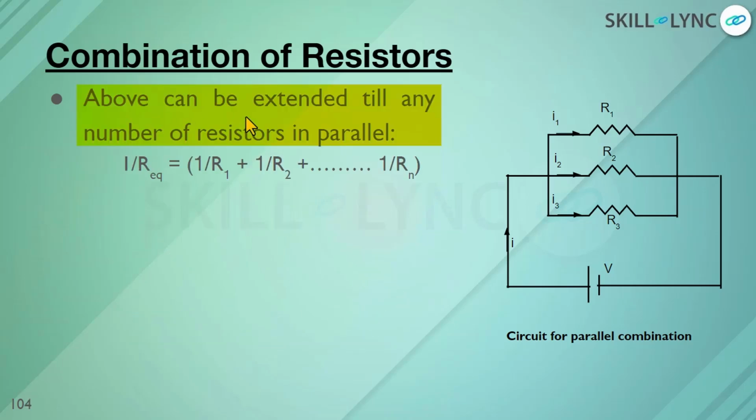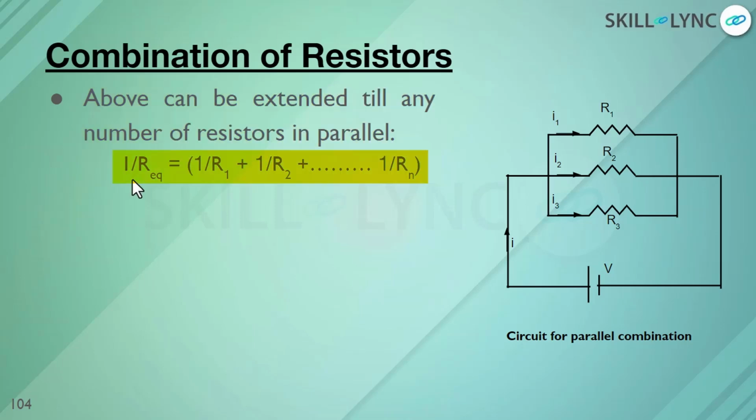This can be extended to any number of resistors in parallel, like 1 upon R equivalent is equal to 1 upon R1 plus 1 upon R2 plus and so on, plus 1 upon Rn, where Rn is the resistance offered by the nth resistor of the circuit attached in parallel combination.